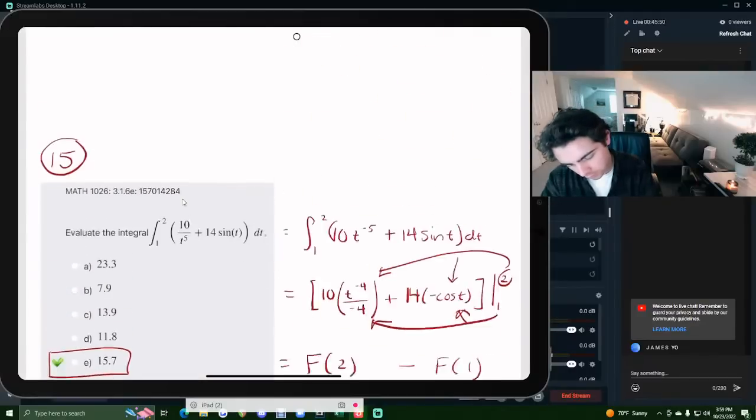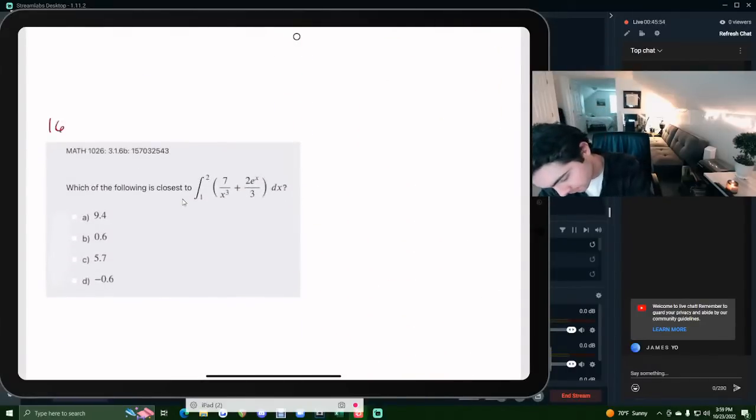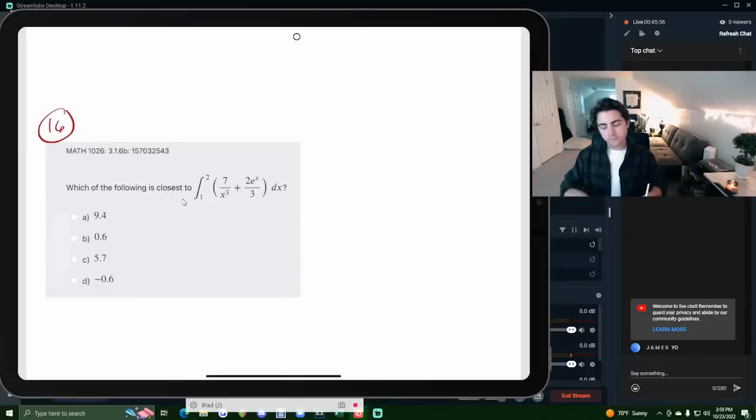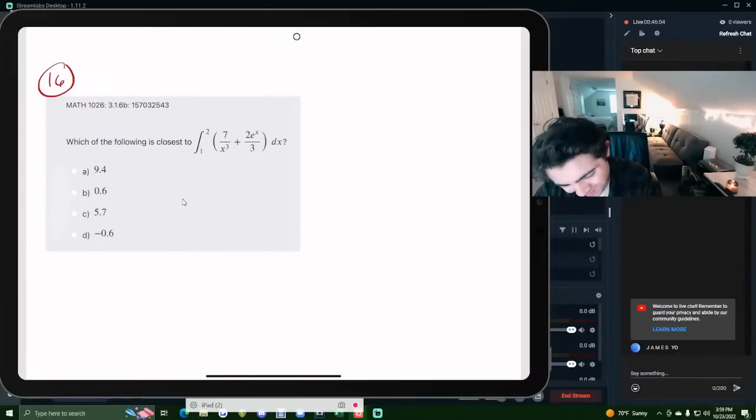Let's move on to number 16. Which of the following is closest to this definite integral? So very, very similar process. I don't know if I meant to include both of these, but let's do it anyway.